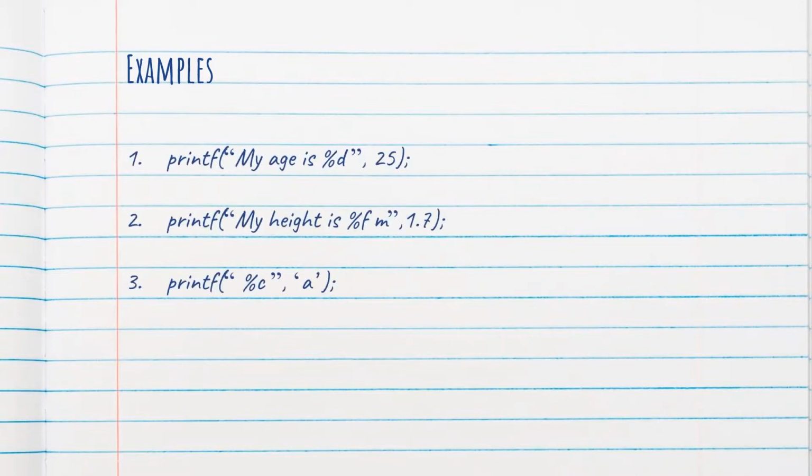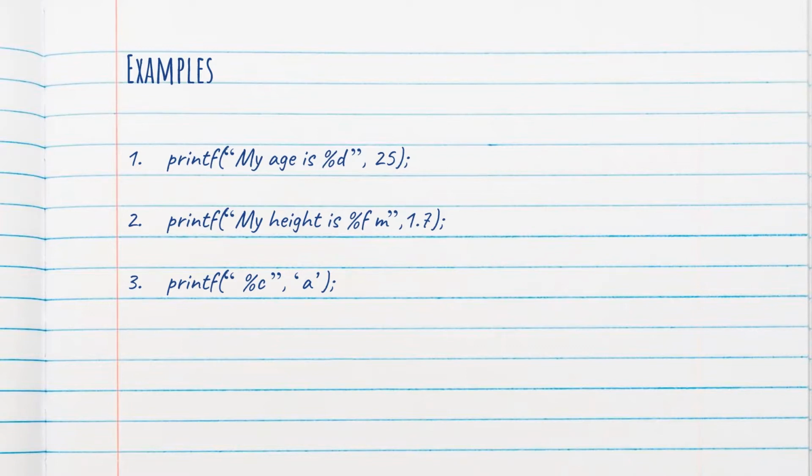Some examples that we are going to discuss are here. The first one is printf my age is %d. This is the formatted string that I have written here. I am writing a message first, which is my age is, and after that I want to print a value.